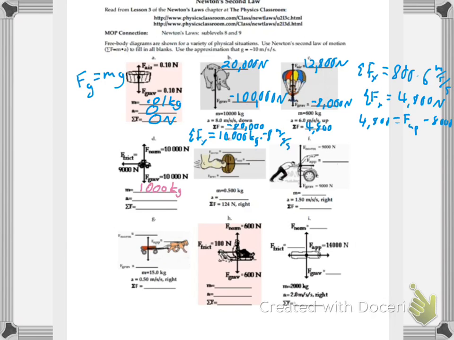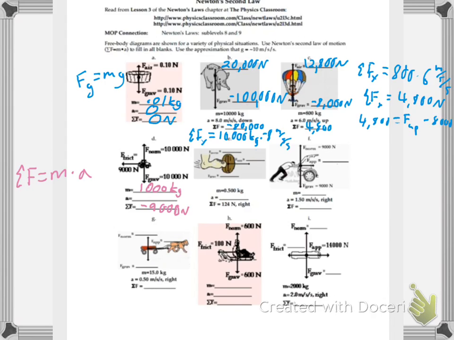The sum of our forces in y is 0 because we're equal and opposite. However, in x, we do not have an applied force, we just have friction pulling back. And because it's pulling to the left, our force is negative 9,000 newtons. In order to find the acceleration, we use Newton's second law, which is the sum of our forces equals mass times acceleration.